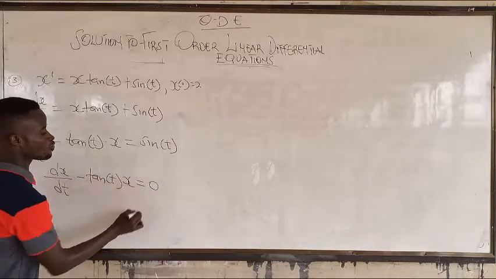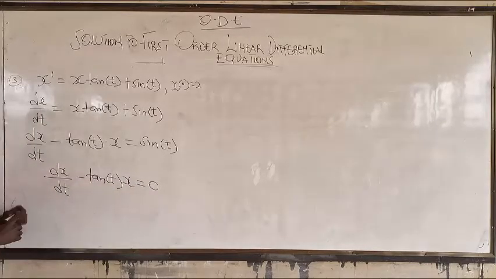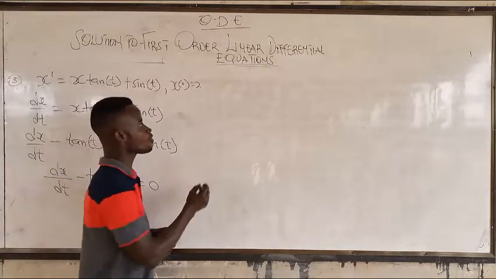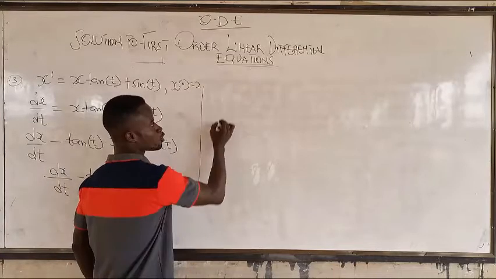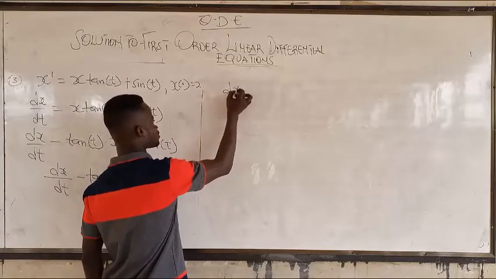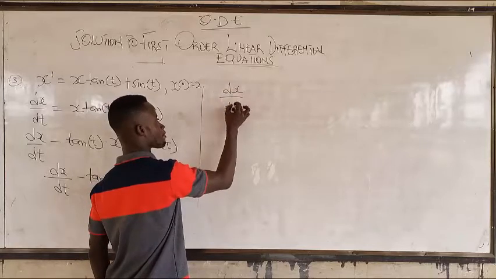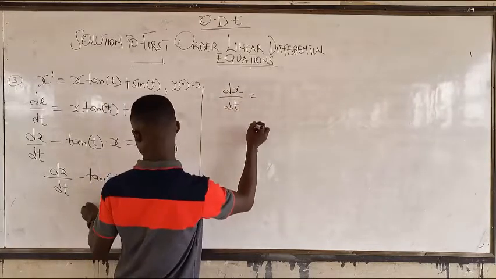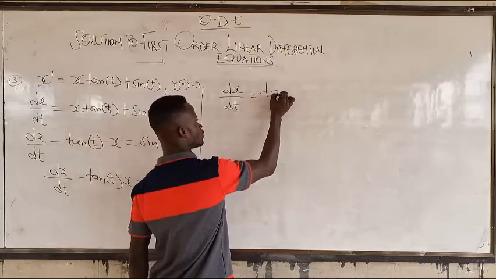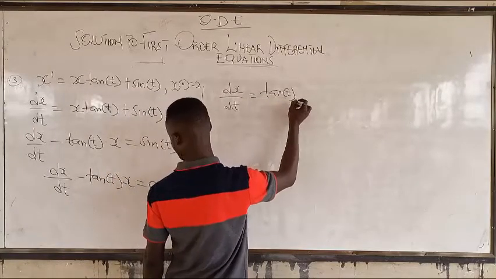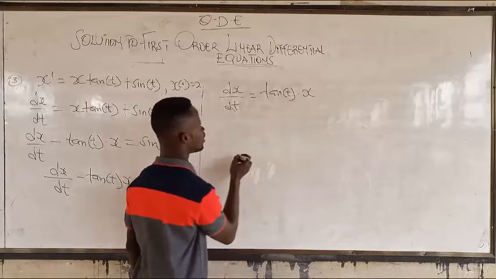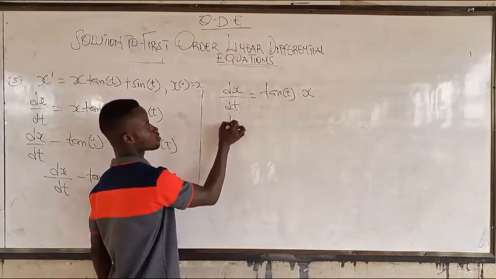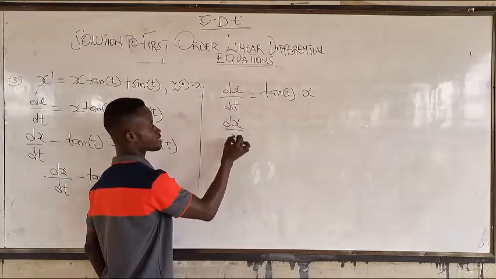So that is the homogeneous part, and you can solve it with the idea of a separable differential equation. And with this, we can make it separable.